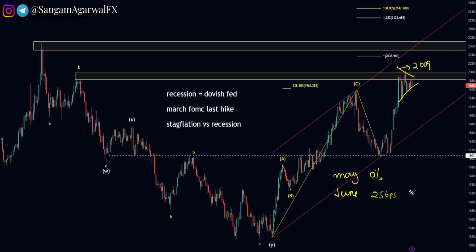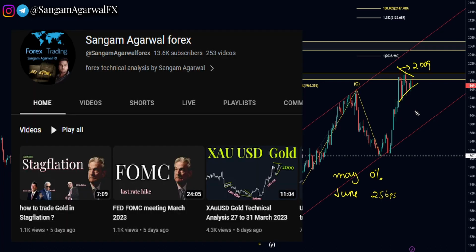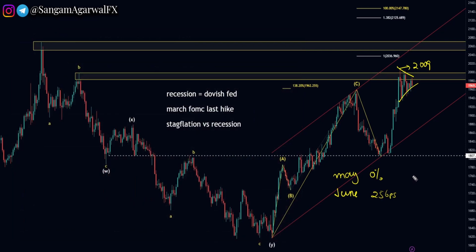That is a bullish sign for gold. And as I explained in that FOMC meeting video, market is now expecting a rate hike in both FOMC meetings. So those are bearish signs. So until market gets a clear answer on the decision of the FOMC meeting, it will make sideways correction.